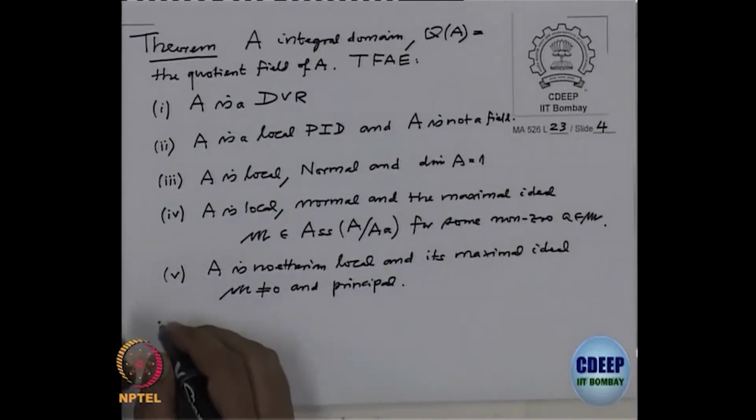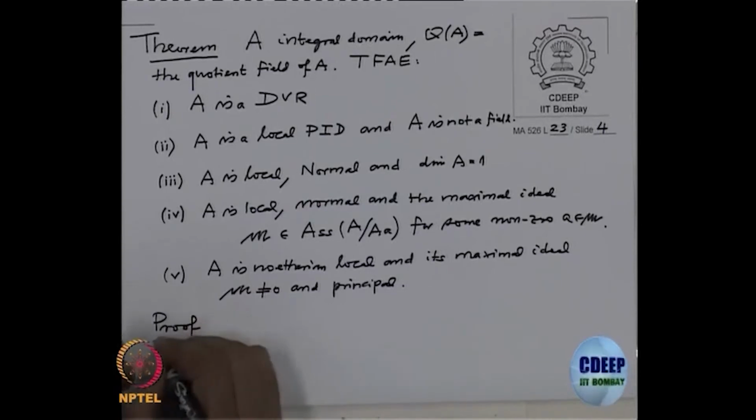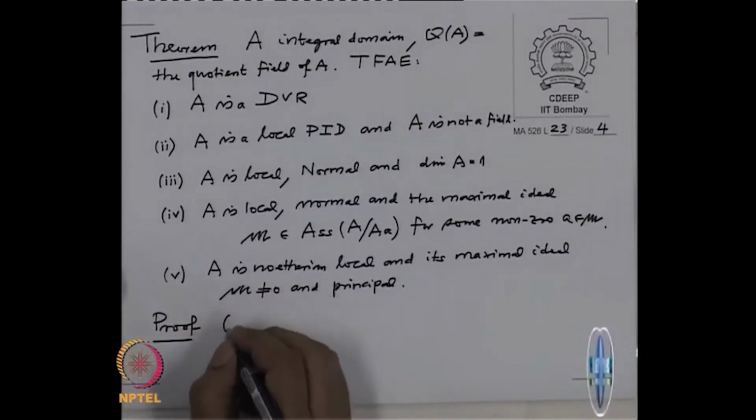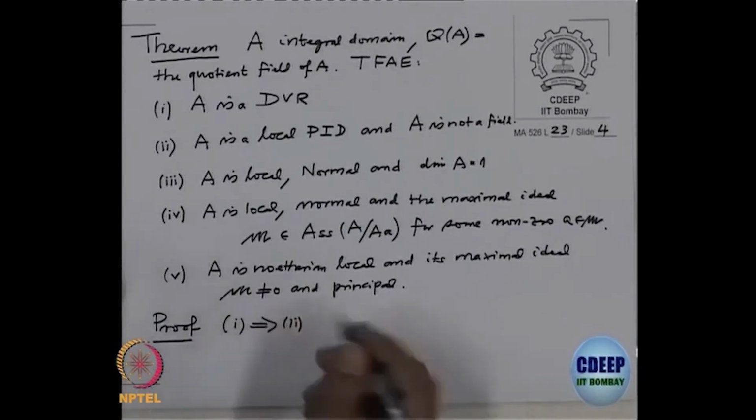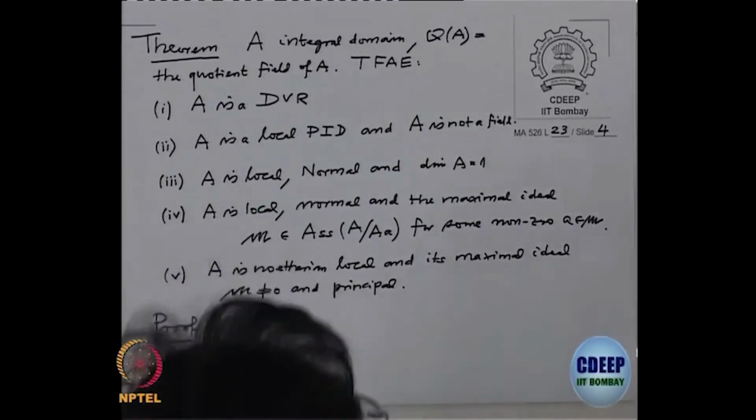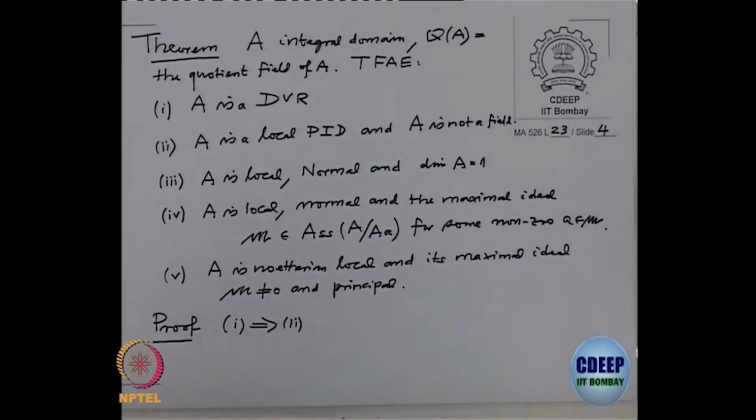So, proof: one implies two. Many of these proofs are simple. We want to prove now that A is a PID and it is not a field.